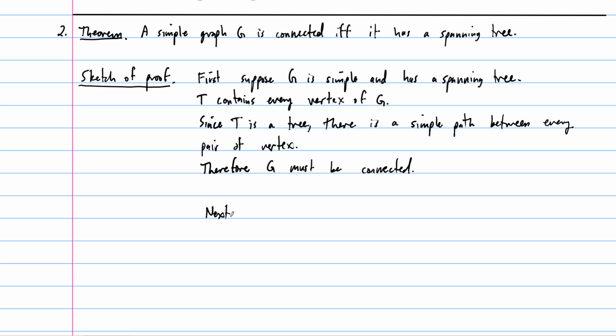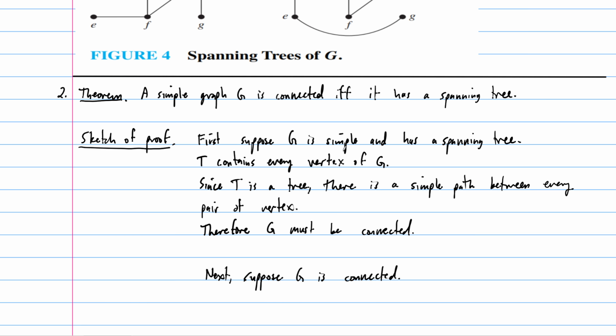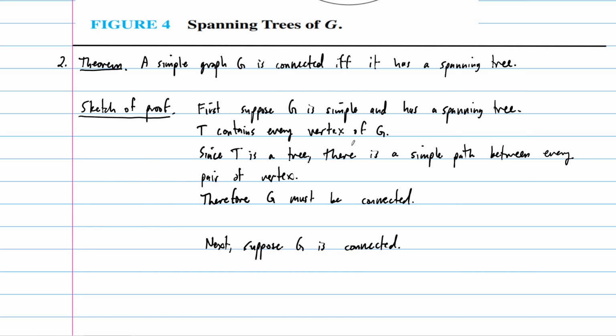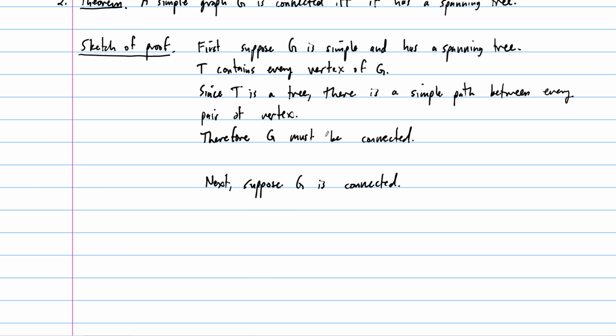So next, let's suppose that G is connected. All right, and it's still a simple graph. So we've assumed the simple. We're going to stick with the simple, right? So once we assume that G is connected, then there's two possibilities. Either G could be a tree, in which case we're done, right? Or it's not a tree. So if G is a tree, there's nothing to prove.